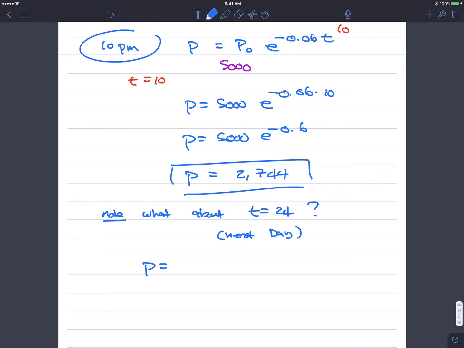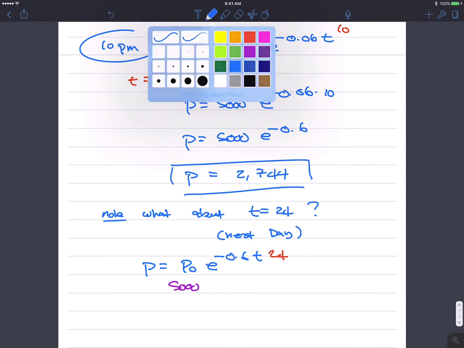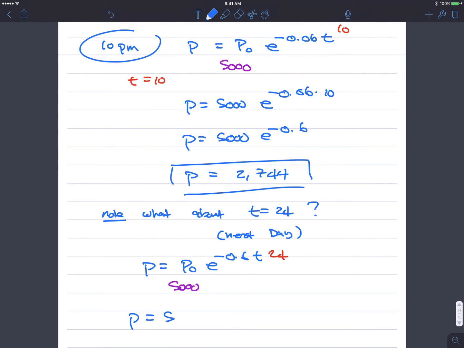P is P naught e to the minus 0.6 t. There's our model. Initial population is 5,000. Now, what's my time value? 24 hours later. What is 0.6 of 24? 60% of 24 is 14.4.